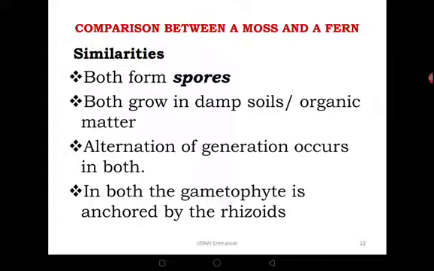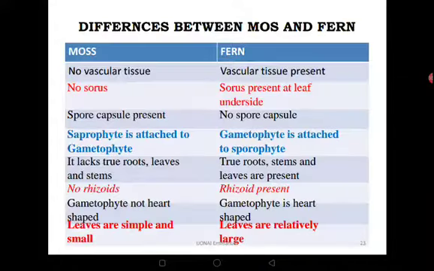Yes. Alternation of generation occurs in both of them. Is it true? Yes. Where we have alternation between a diploid sporophyte and a haploid gametophyte. It takes place in both of them. And then in both, the gametophyte is anchored by the rhizoids. That's true.